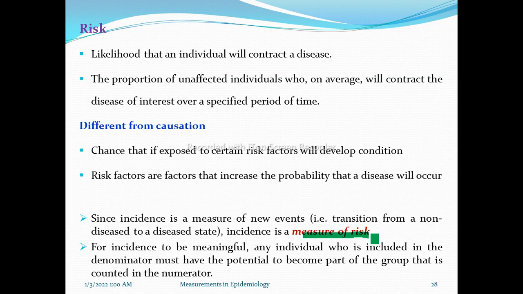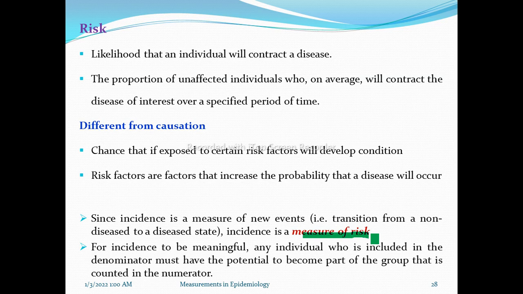For incidence to be meaningful, any individual included in the denominator must have the potential to become part of a group that is counted in the numerator. The denominator is the population at risk, individuals who have a probability to be included in the numerator.